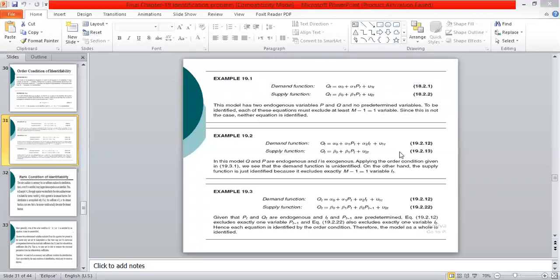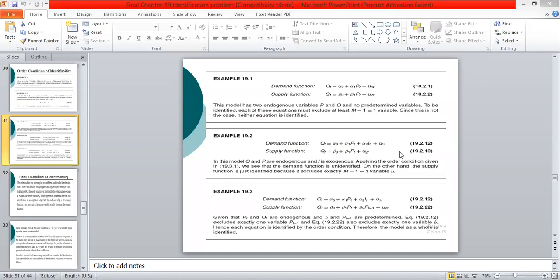These two are the same. The number of predetermined variables excluded from the given equation is equal to the number of included variables in the given equation less 1. So the supply function is exactly identified and the demand function is unidentified.